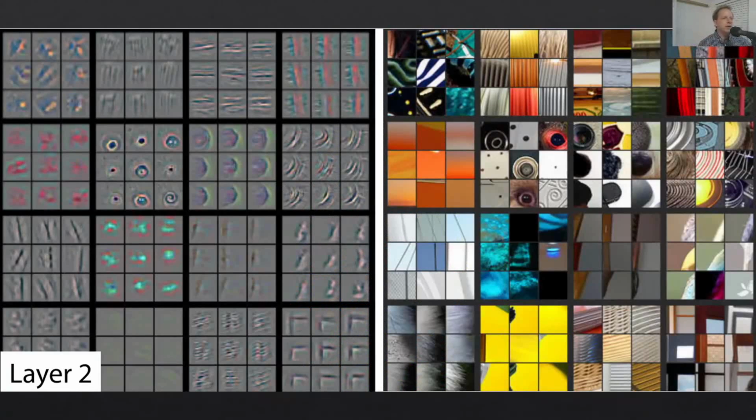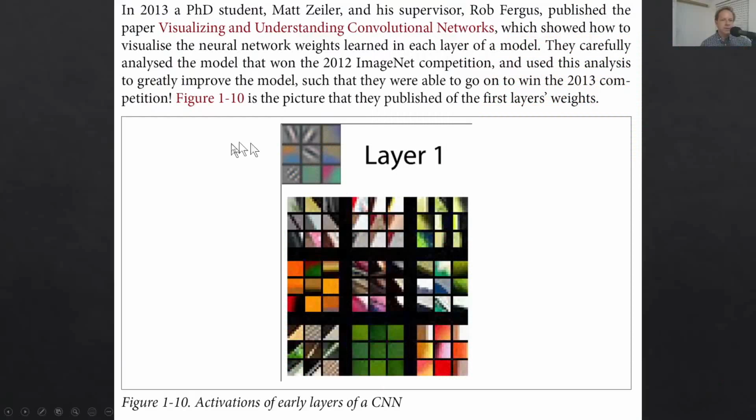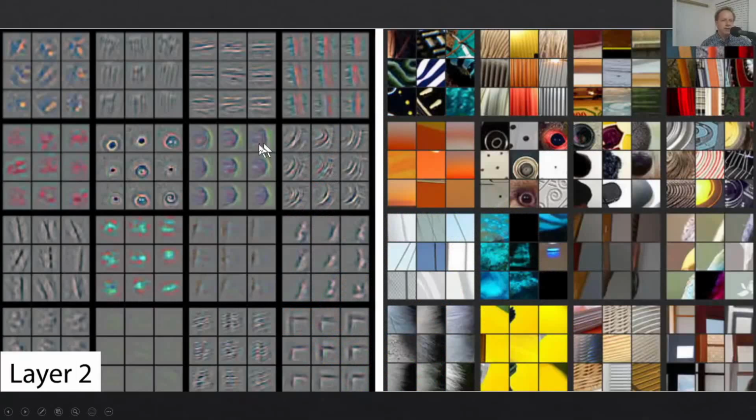This is layer 2. Layer 2 takes the features of layer 1 and combines them. So it can not just find edges, but can find corners, or repeating curving patterns, or semicircles, or full circles.